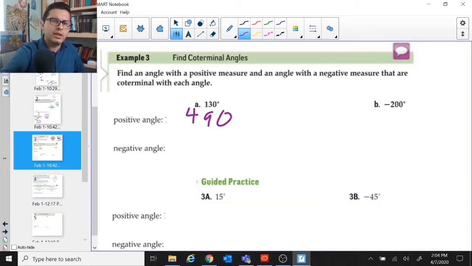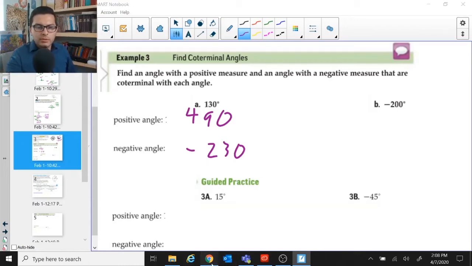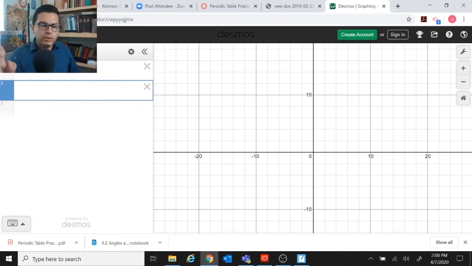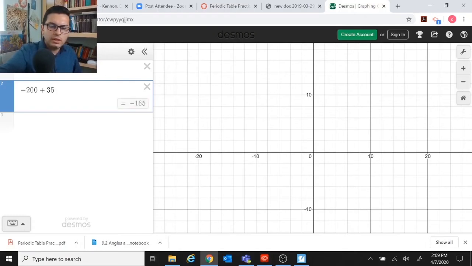490 and negative 230. So let's do that same thing with negative 200 degrees. We're going to go to Desmos, clear all of that out. We get negative 200 and we're going to add 360 degrees. We get 160 degrees.